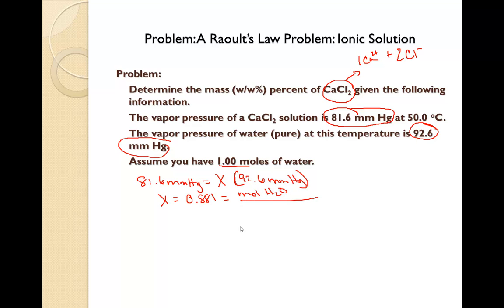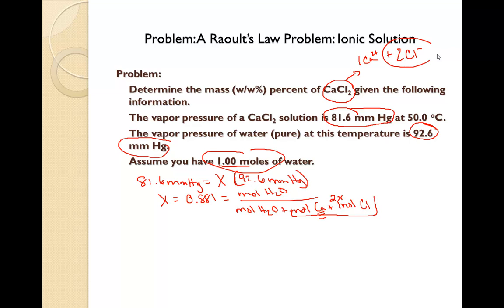That means that's the moles of water over the moles of the solution. In the solution we have water, we have the moles of calcium, and we have the moles of chlorine. But there's a little bit of a trick here. They tell us that we have 1 mole of water, which is fine. Calcium chloride, we have 1 mole of calcium. We have 2 times that of chlorine because of this up here.